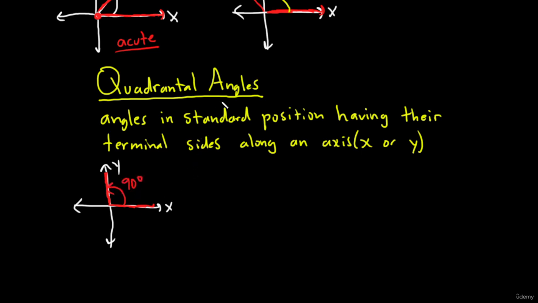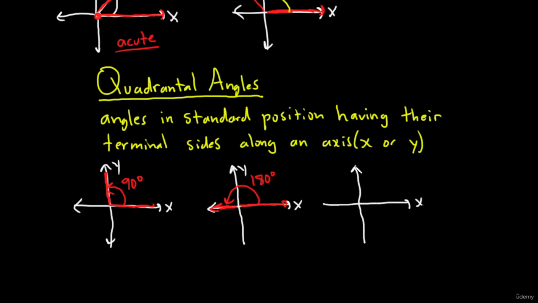So 90 degrees is an example of a quadrantal angle. Another example, again, here's x and here's y. And then this time, here's our initial side. And then here's our terminal side over here. And here's our angle. This would be 180. That is another example.